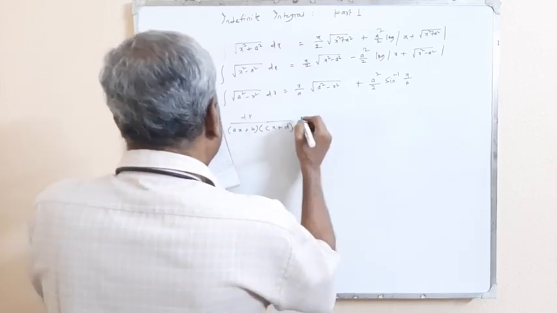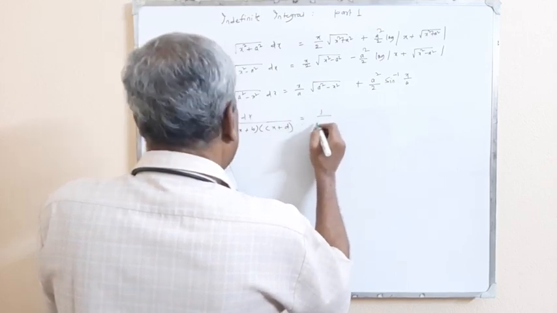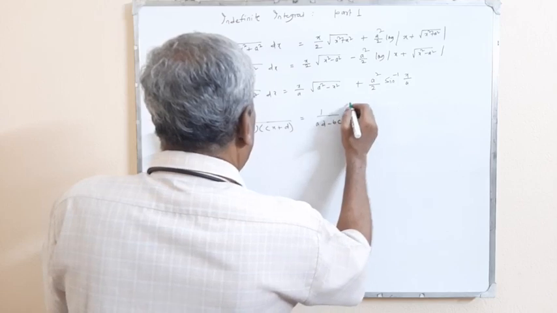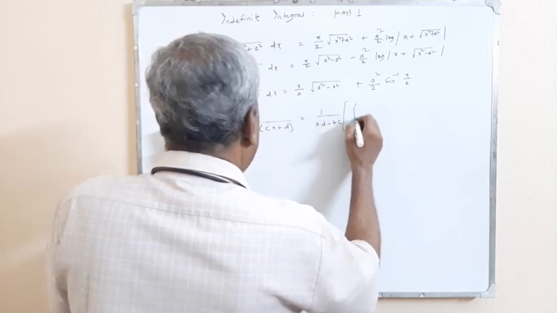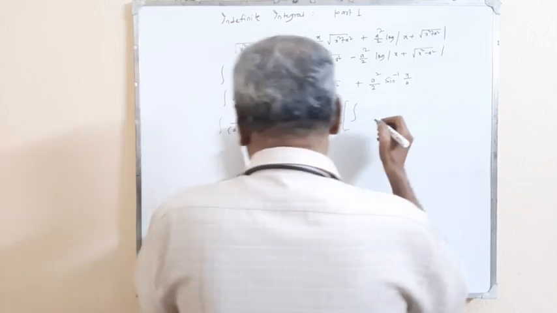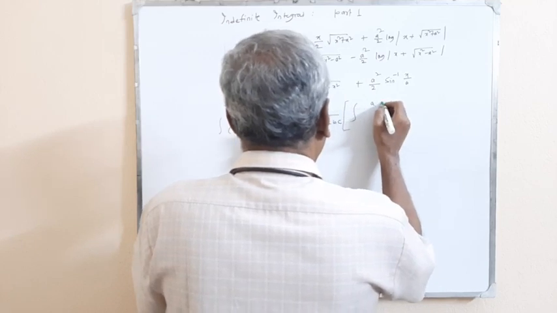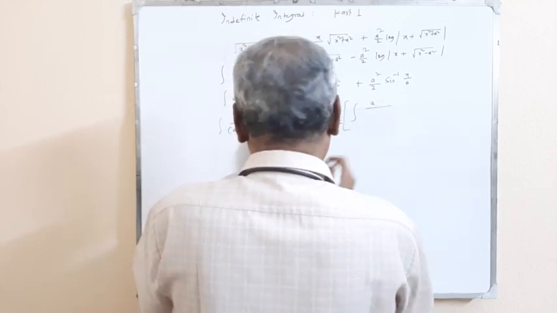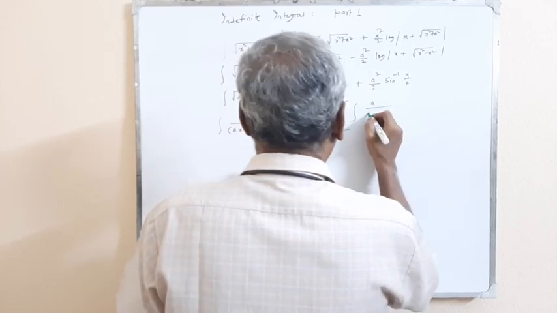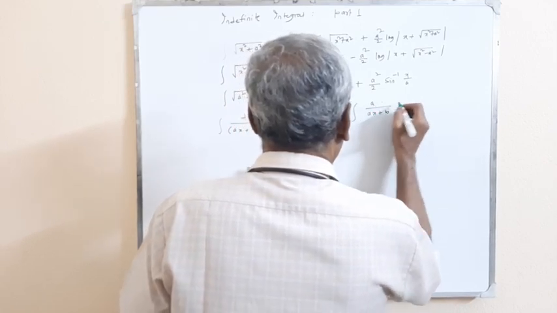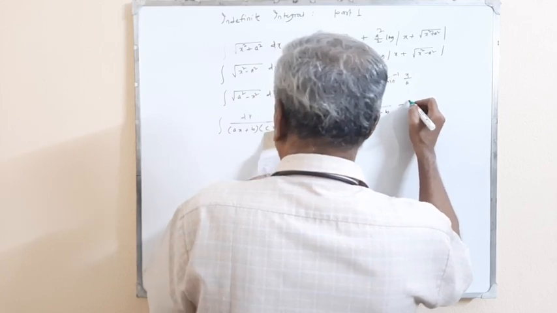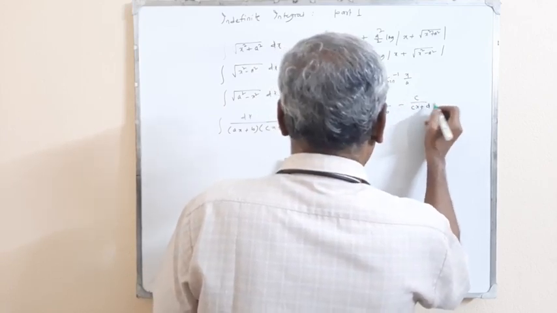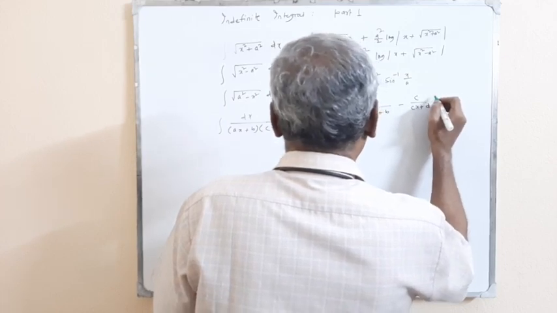It can be written as 1 upon (AD minus BC) into integration of A by (AX plus B) minus C by (CX plus D) dx.